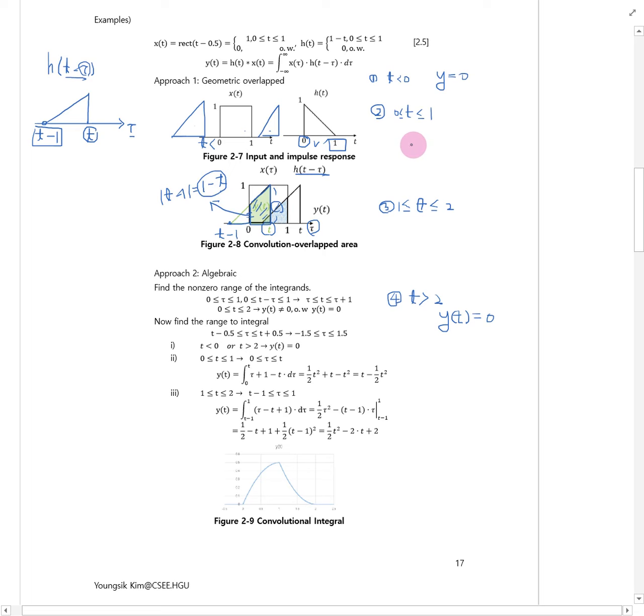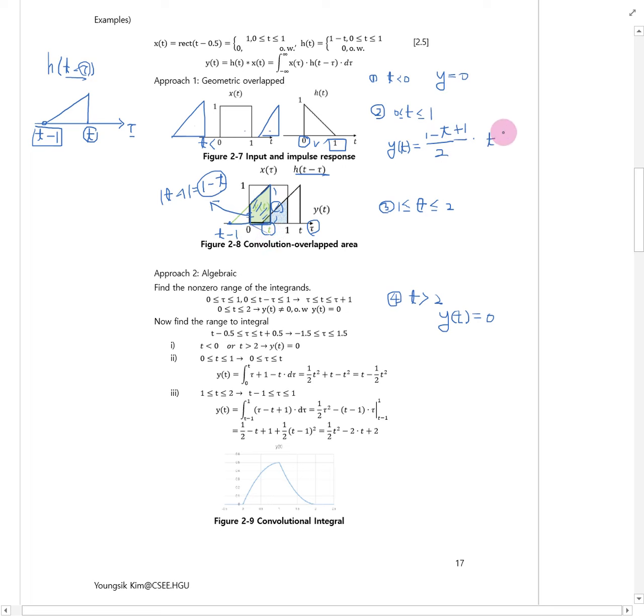So y(t) equals the area of that. To calculate the area, the trapezoidal area is the average of these two values. So that's 1 minus t plus 1, and times the length of this one, t.